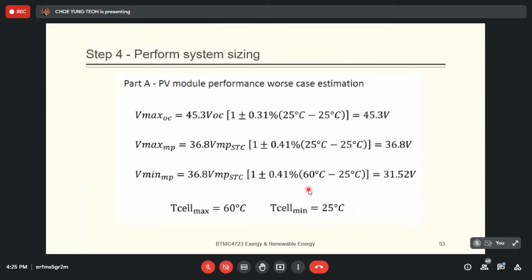According to this specification of the photovoltaic module, Vmax OC is 45.3, Vmax MP is 36.8, and Vmin MP is 31.5. So you can see that we need to use the minimum voltage from one module to calculate the minimum voltage needed to connect to this inverter.